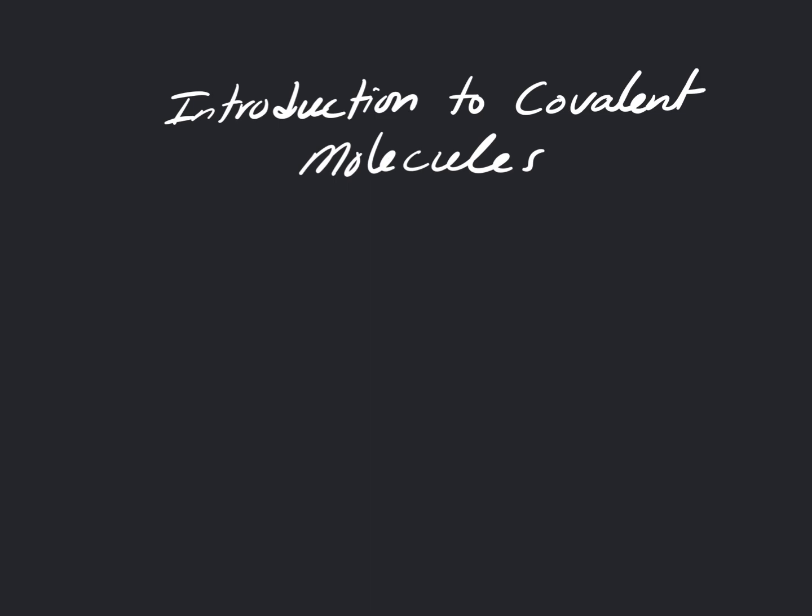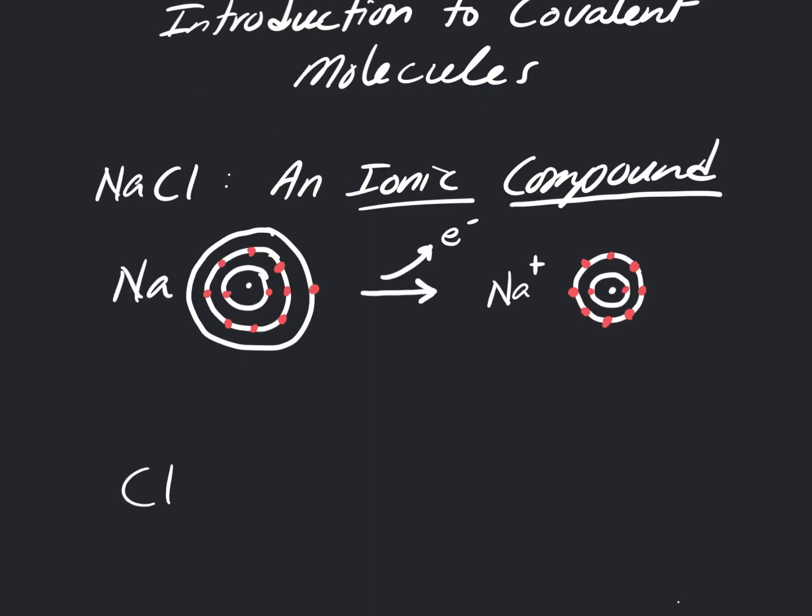I want to start with some background facts that we've already talked about in class. I want to first talk to you about ions and ionic compounds, and I'm just going to run through this very quickly. I'm starting with sodium, and we've got a sodium atom.